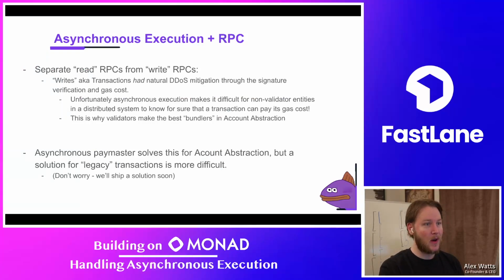And the reason why Fastlane is working so closely with validators is because validators really are uniquely positioned to be able to do this. They're the only entity that can deterministically know that when it is putting a transaction into its block, due to the Monad BFT and the Monad consensus spec, it is not a double spend. The rest of the network can be confident, but not 100% sure. The good news is that we'll have a solution for this too.